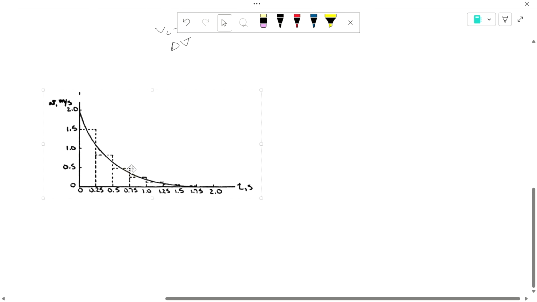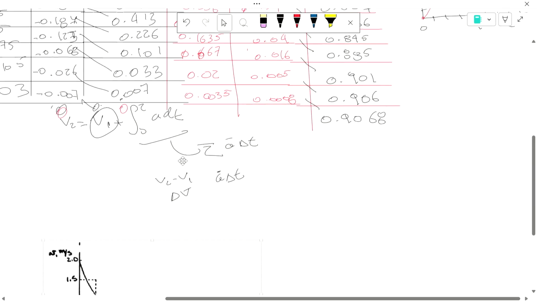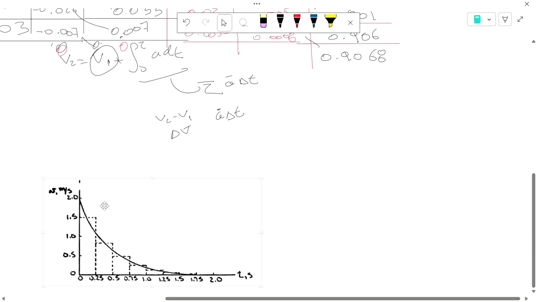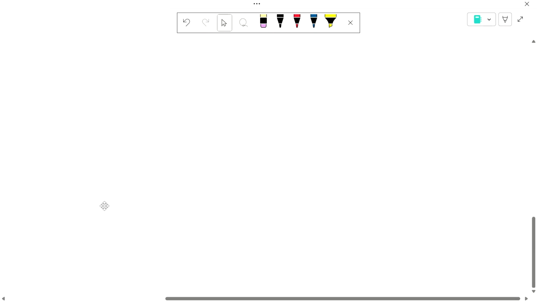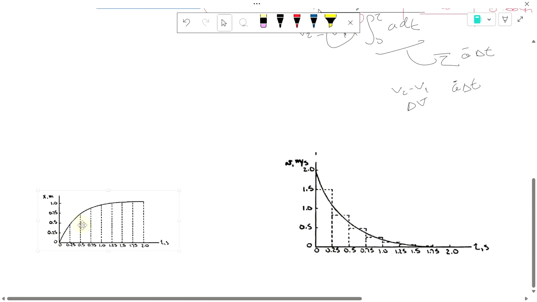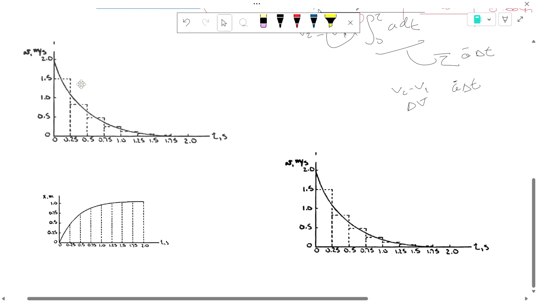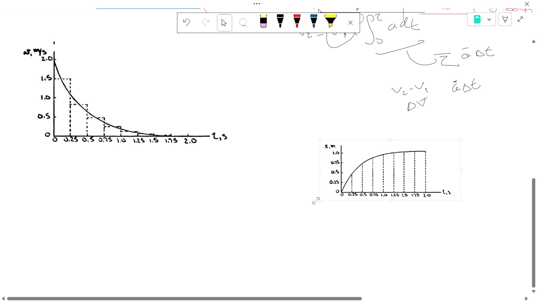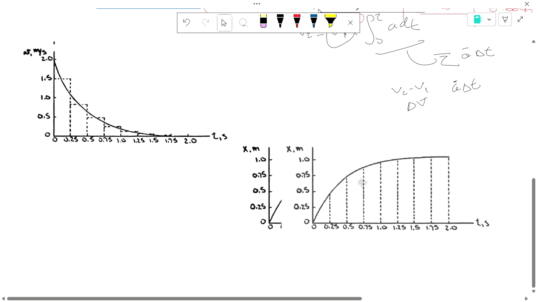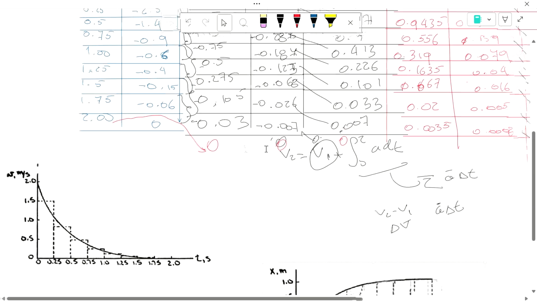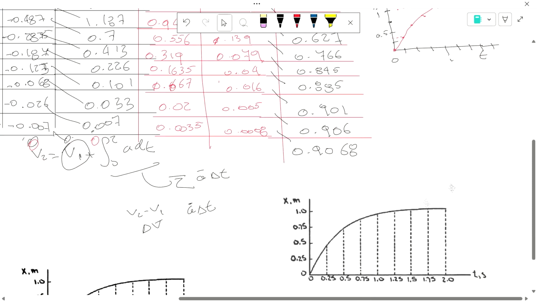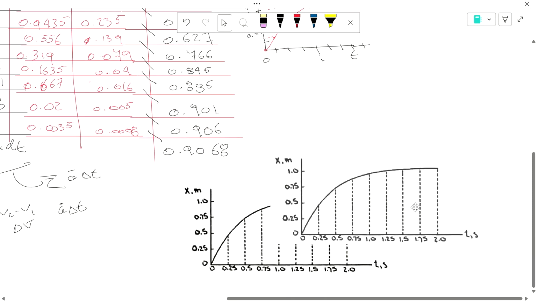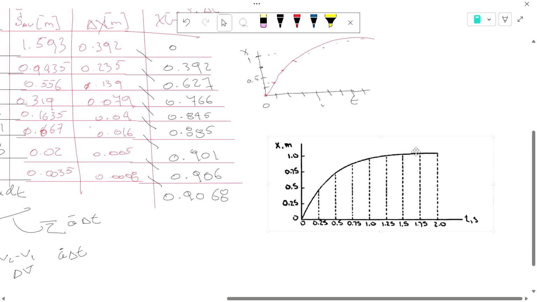Let's see. We got the velocity curve, which we already computed, but now we need our distance, which is this one. All right, and yeah, something like that. Cool.